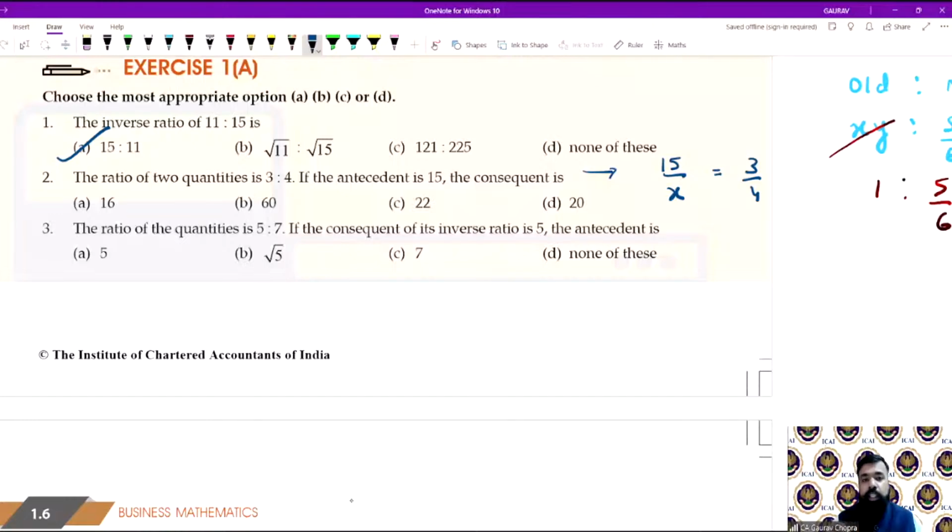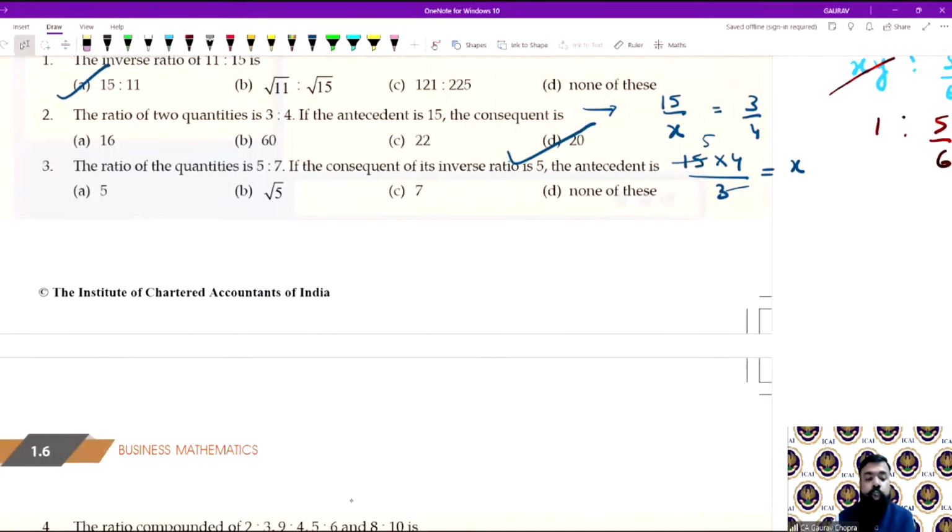So 15 by x is equal to 3 by 4. On cross multiplication, 15 into 4 upon 3 is equal to x. We can cancel them, and 5 into 4 is 20. So the result of the second question is 20. Most of you have given the answer, option number D. Great going, everyone.